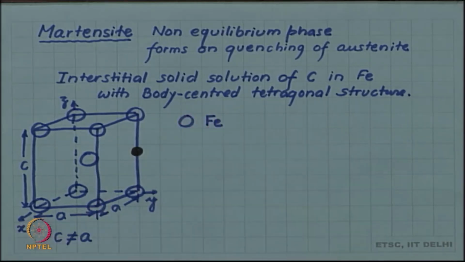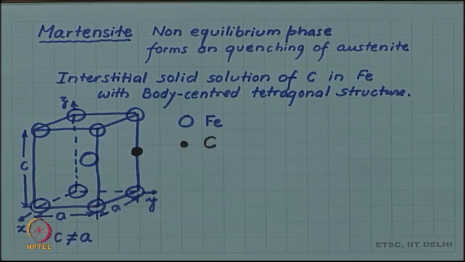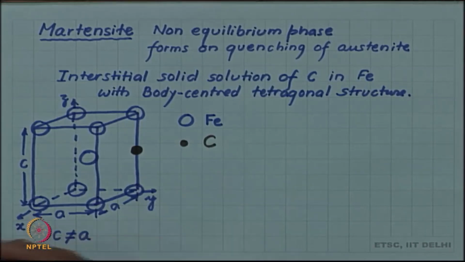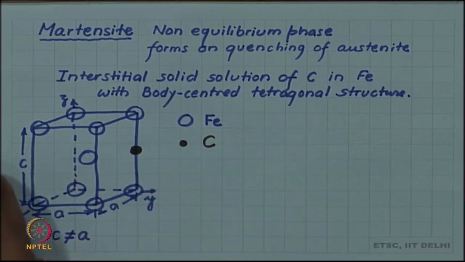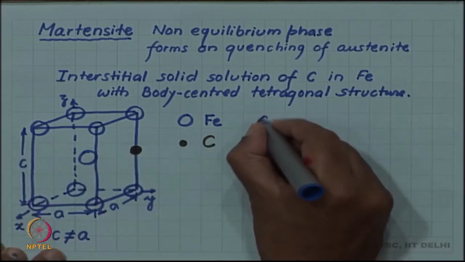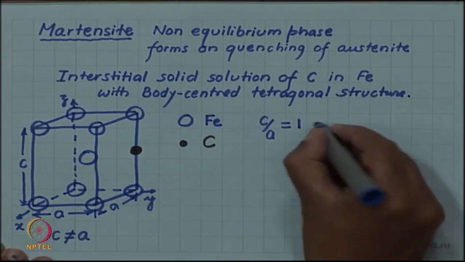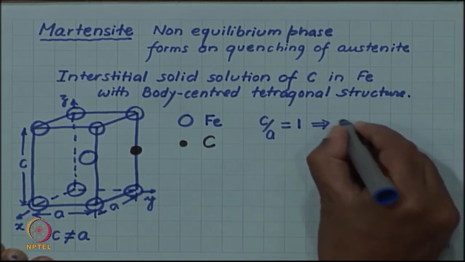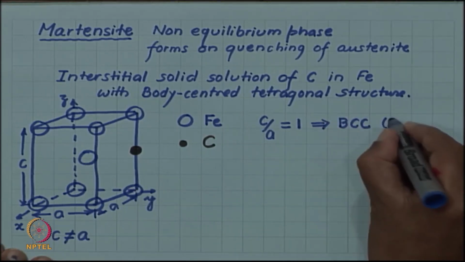So, this is iron and this is carbon, and the C by A ratio is not very high. Remember that if C by A equals 1, it is no more tetragonal, it becomes body centered cubic. So, that is what is your ferrite.